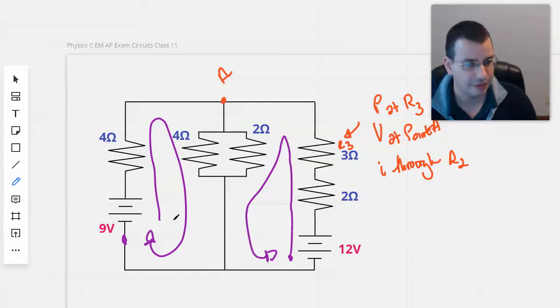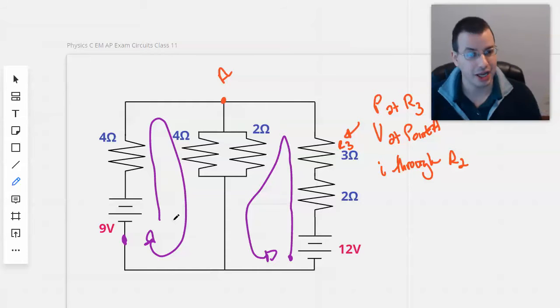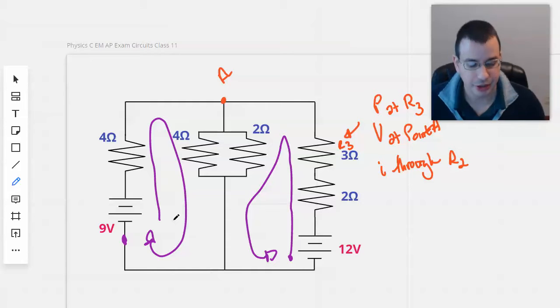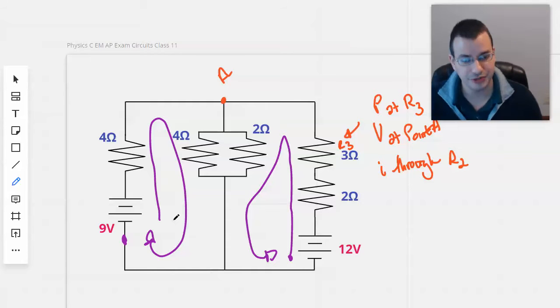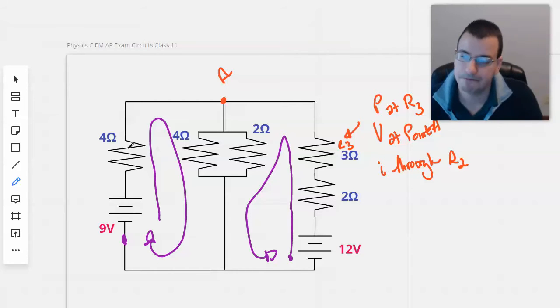You can choose the loops however you like. But when I choose loops, I try to choose them in the way that I think the currents are actually moving. And we're still using the convention that a current is a positive charge moving in the positive direction, as opposed to reality where it's electrons moving in the negative direction.